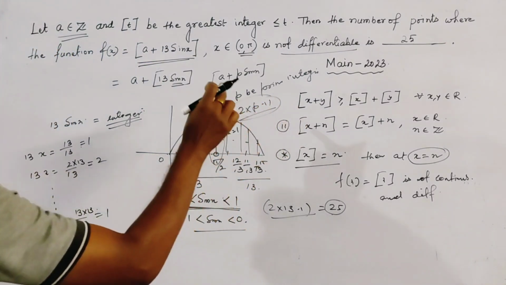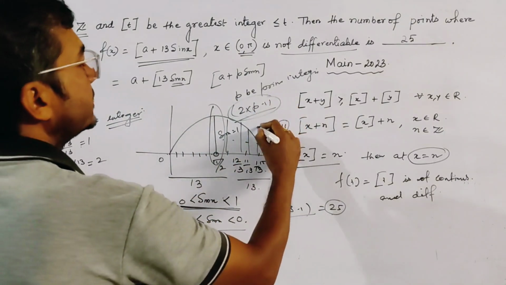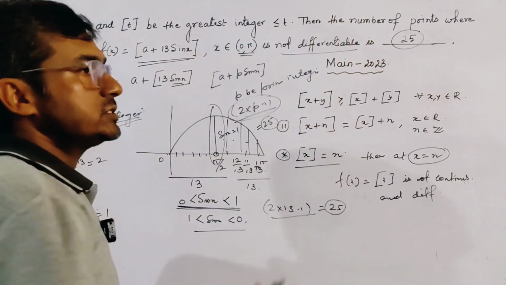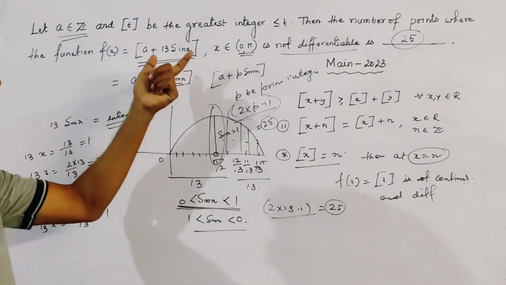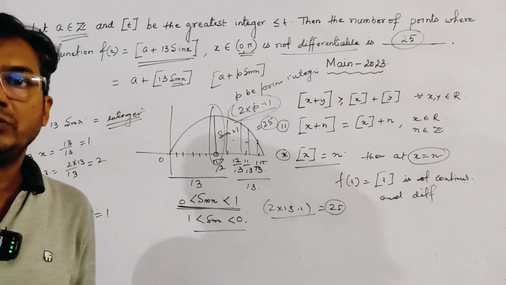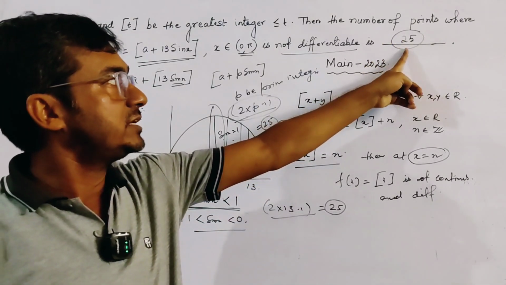By putting the value of p here, we get 2 into 13 minus 1, that is 25, and there are 25 points at which the function is not differentiable. Okay, this is our answer, the integer type answer.